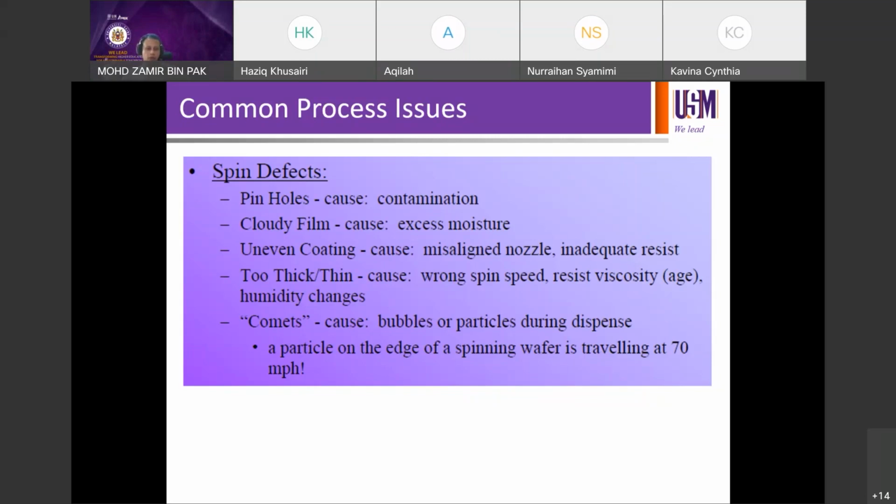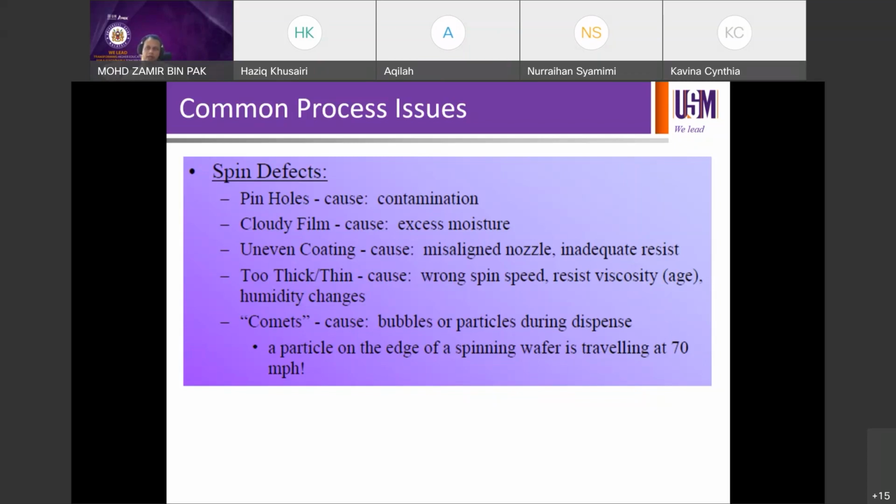Uneven coating, okay, too thick or too thin, caused by wrong spin speed, resist viscosity, due to aging sometimes, if the resist expired. That's why you have to do PM. In PM, the equipment technician will check the shelf life of the resist every single time. Kena check, tengok dah expired belum. Kalau expired ganti, tak expired, leave it there, right?